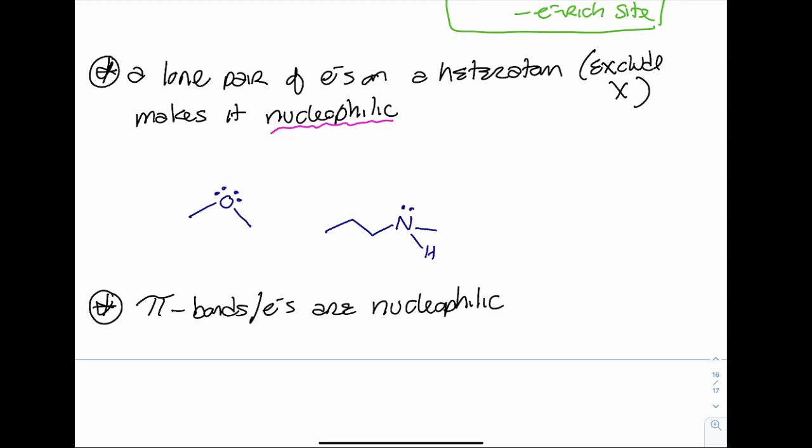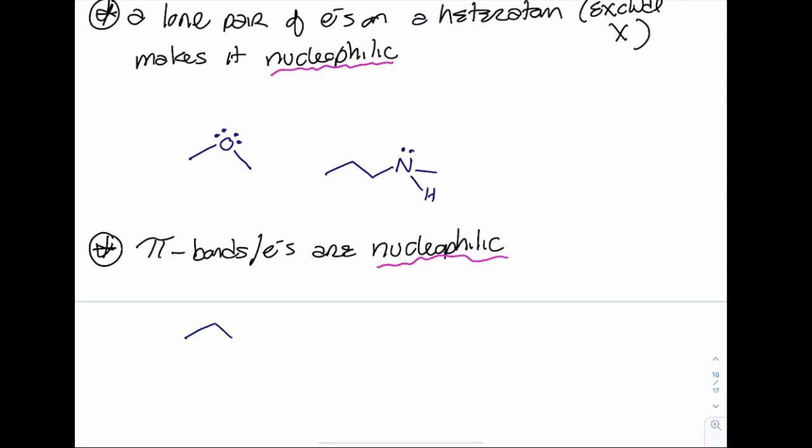So if I draw an alkene, I have some pi electrons, or an alkyne. Remember, these are sp hybridized, so linear, with four carbons there. That would be considered nucleophilic.